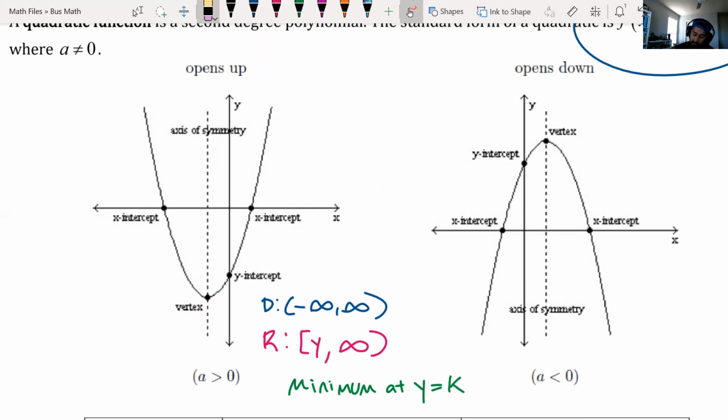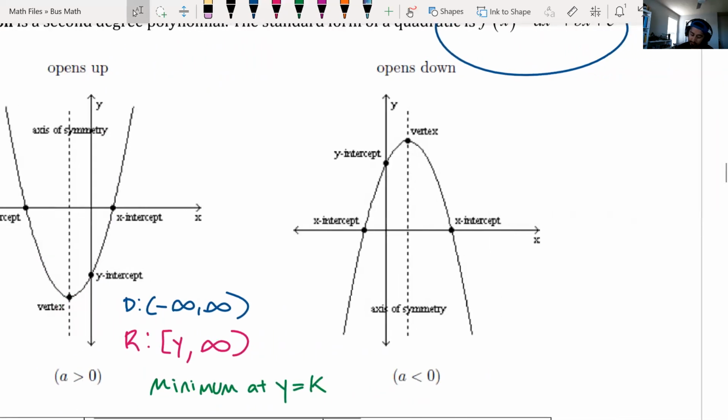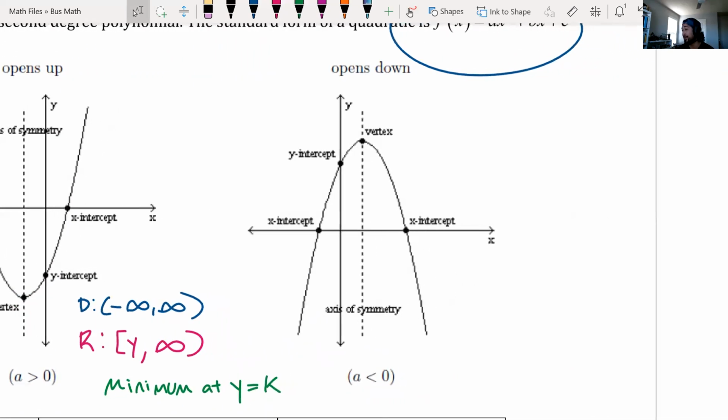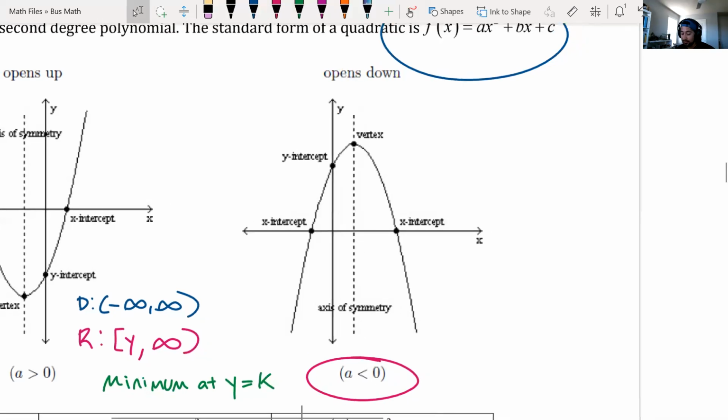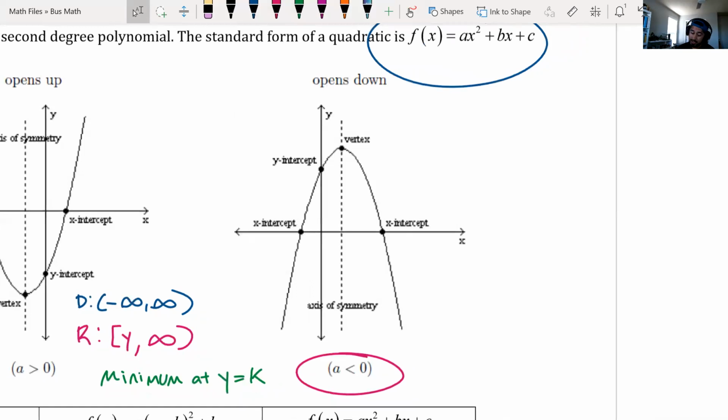All right. Now, let's look at a parabola that opens down. If your parabola opens down, this means the leading coefficient of your quadratic function is negative. And if you open down, you'll see that your vertex is now above everything. So your main point's above everything. And you still have one y-intercept.